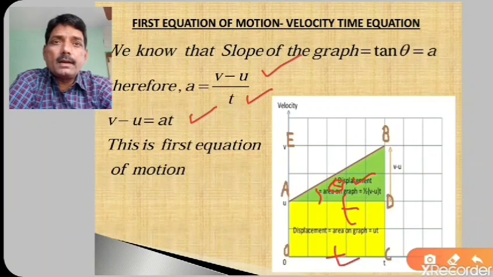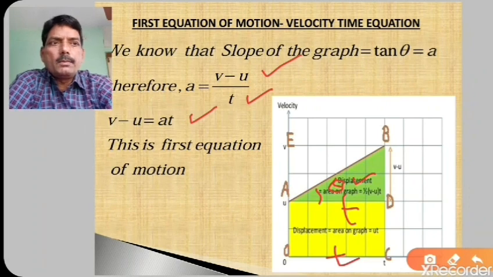Again the moving object has certain mass m and certain velocity v. Out of all these, I am considering a few: initial velocity, final velocity, acceleration and time, and I have formulated the first equation of motion. Now I will proceed to the second equation of motion.